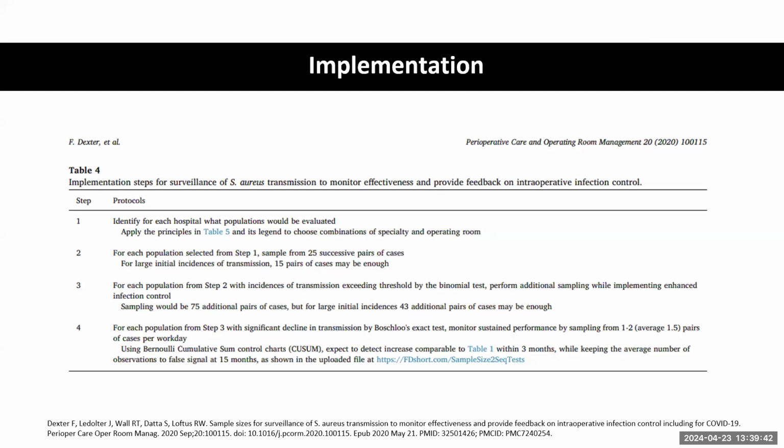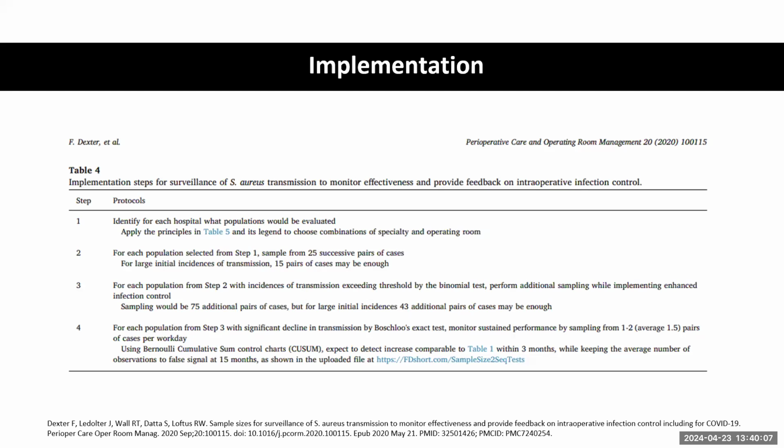The way that we would implement this system, the standard way to do this is published again by Dexter et al. Here, the first step is knowing your improvement target. Now, many hospitals, many teams know exactly where they want to start their improvement process. Some don't. So there are two choices.